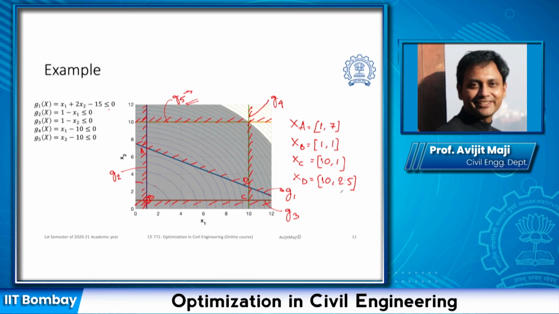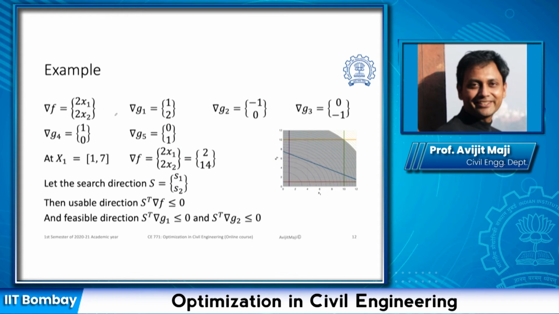So let us look into the gradient of the objective function and the constraints. The gradient of the objective function, if we are looking into it, is going to be this one. The first constraint gradient is this, the second constraint gradient is this, the third one is this, the fourth one is this, and the fifth one is this, even though it is not active, but we have calculated it here.